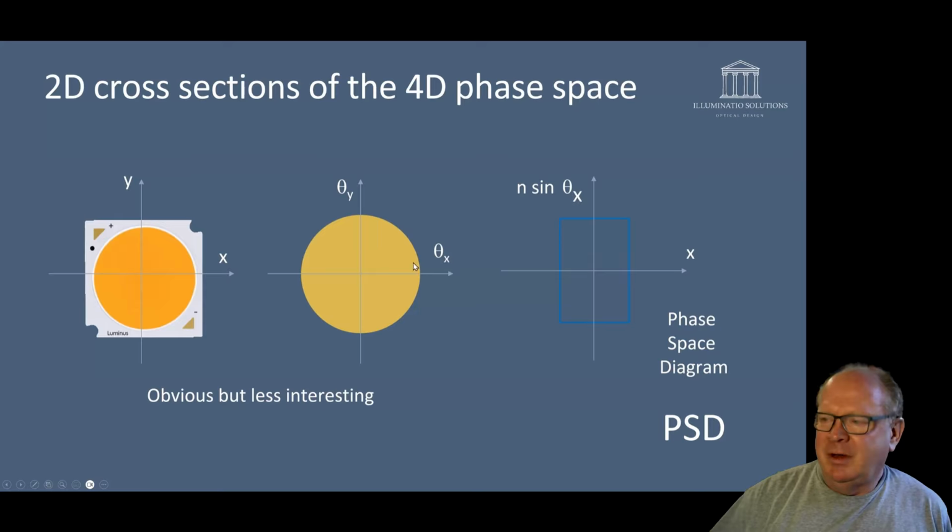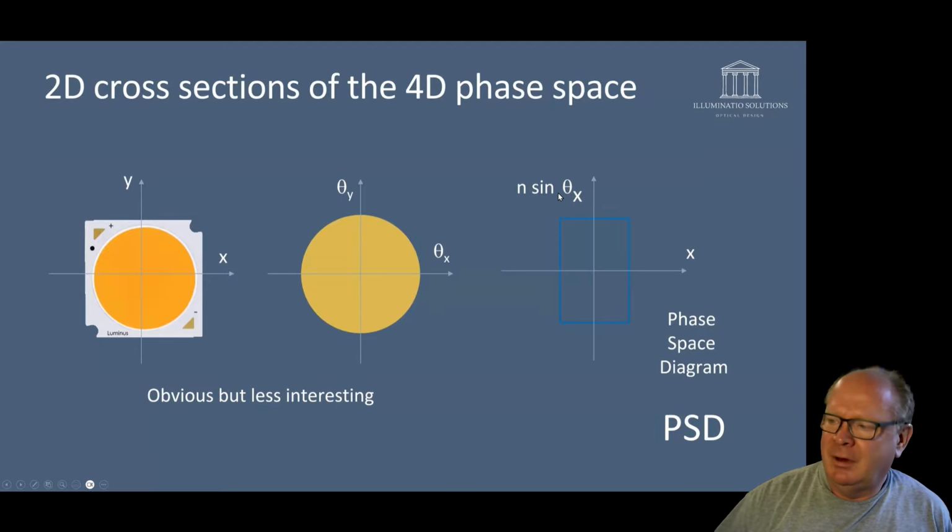But it gets very interesting if we do a plot with a spatial coordinate and an angular coordinate. Again, I don't use the angle itself. I use the angular extent, or the quantity which is conserved in refraction. This kind of diagram I call phase space diagrams.